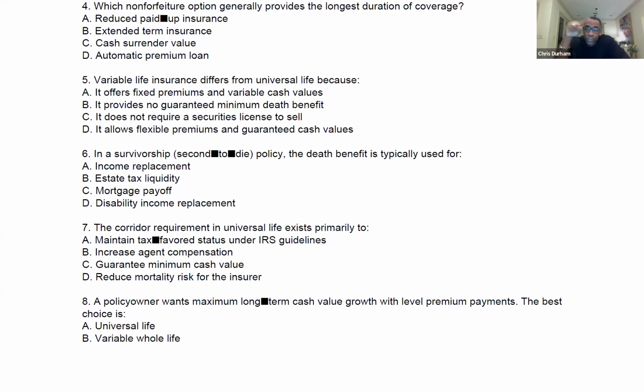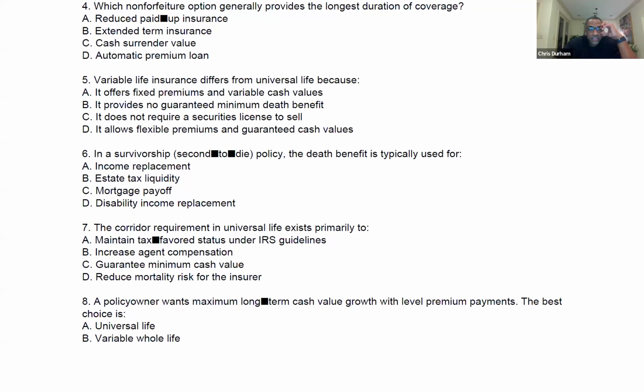Whenever you see corridor, universal life, the only type of life insurance that has a corridor, meaning part of the premium goes toward the cash value, part pays the life insurance charge, or the mortality and expense charge. It goes tax favored. Got it? It usually says tax advantages, but obviously tax advantages and tax favored is the same thing.